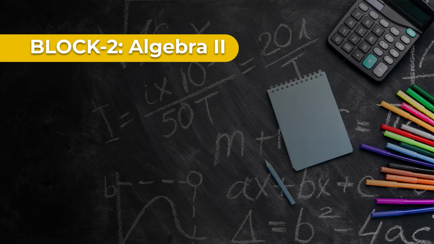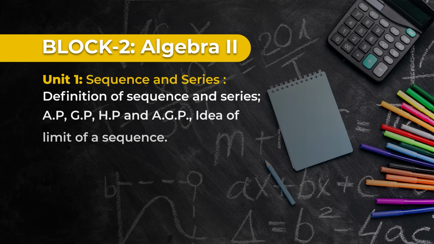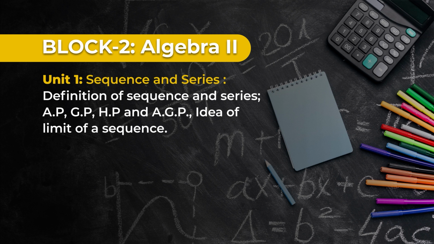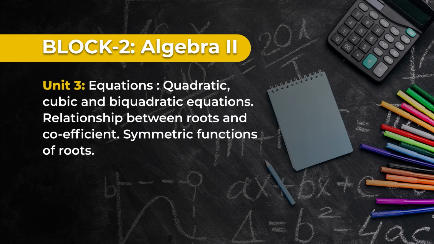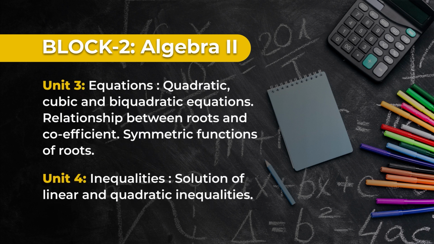Now, this Algebra 2, that is covering block 2 of our basic mathematics course BCS 012, is actually covering 4 units. Unit 1 relates to sequences and series. Apart from this, unit 2 of this block is about complex numbers, unit 3 is equations, and unit 4 is inequalities. In unit 1, we are going to understand what we mean by sequences and how sequences are different from series.